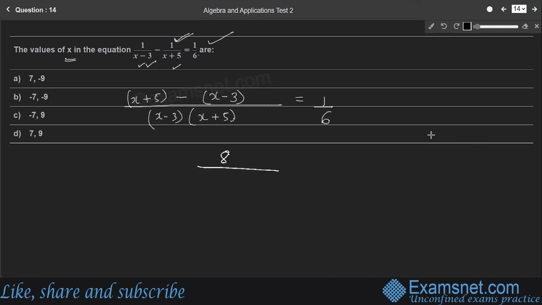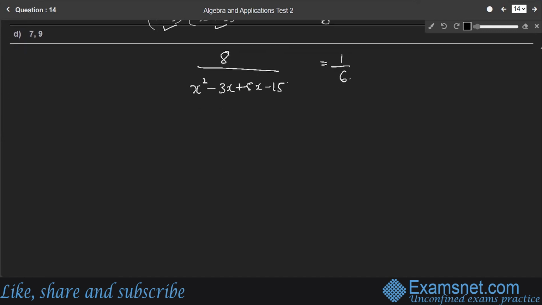And for the denominator, just multiply x minus 3 and x plus 5. You will get x square minus 3x plus 5x minus 15, is equal to 1 by 6. We can simplify, so it becomes 8 by (x square plus 2x minus 15) is equal to 1 by 6. Cross multiplication: 8 into 6, 48, is equal to x square plus 2x minus 15.